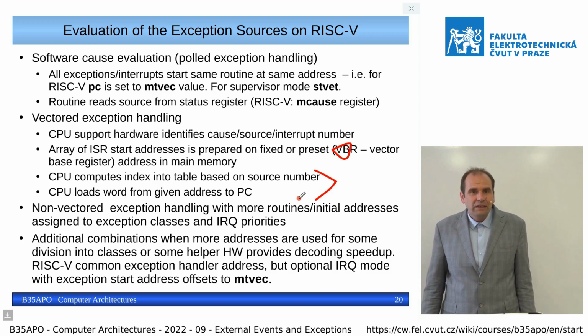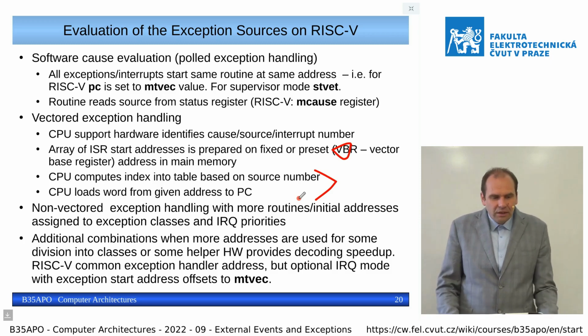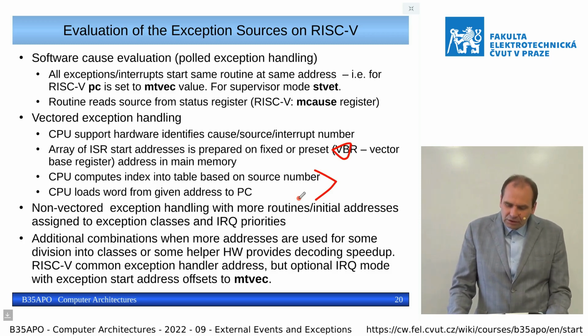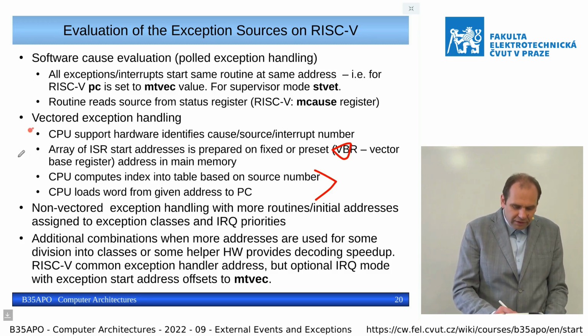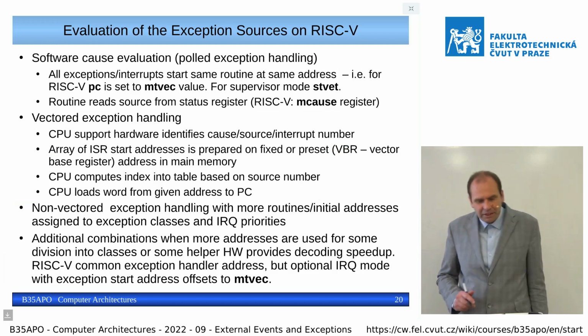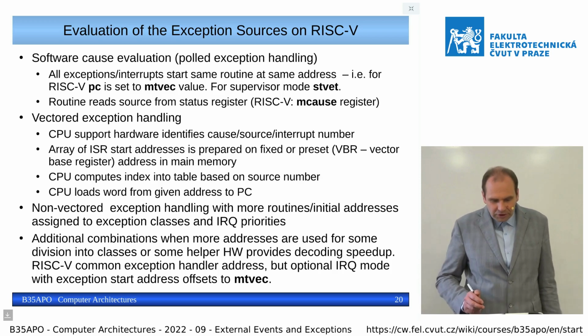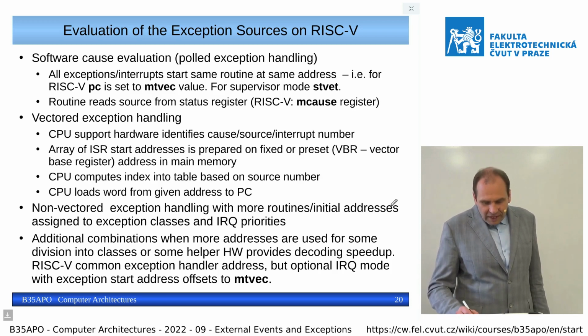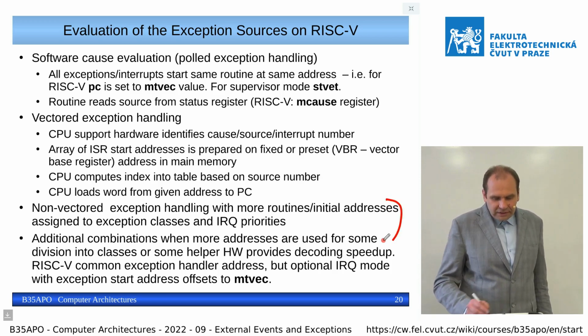On the other hand, if you then want to handle switching of tasks and so on in the operating system, it is much more complex to have that vector base. So it is a question of application; for a different application a different option is better. We can have a non-vectored one with different addresses.